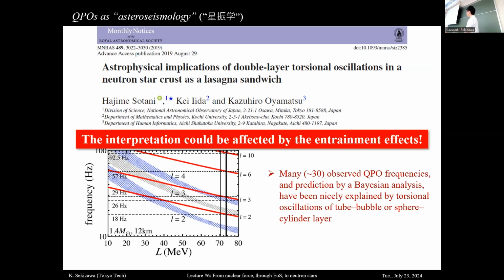And if the band structure strongly affects the dripped neutrons or the mass of the pasta structure, it can affect the frequencies and interpretations. So this kind of thing should be resolved based on microscopic calculations.